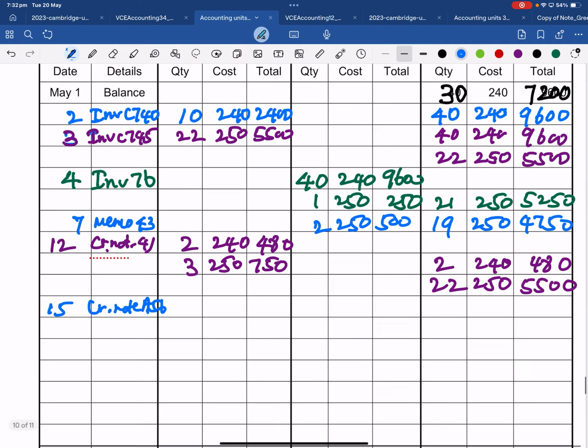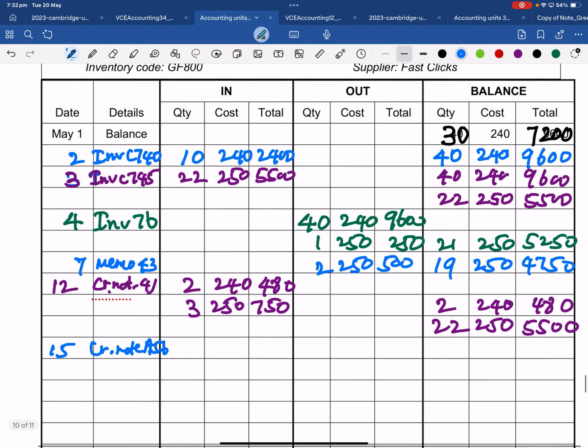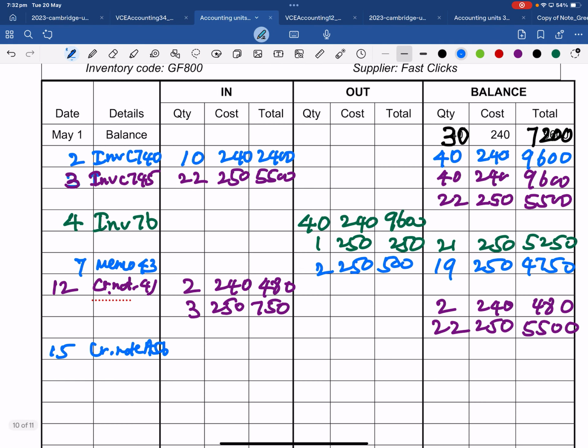Is that going to be in or out? Out, because we are sending it back to our supplier. Then the same thing, we are returning 480, 3 at 250. Then our balance is going to be 19 at 250 anyway, same thing.